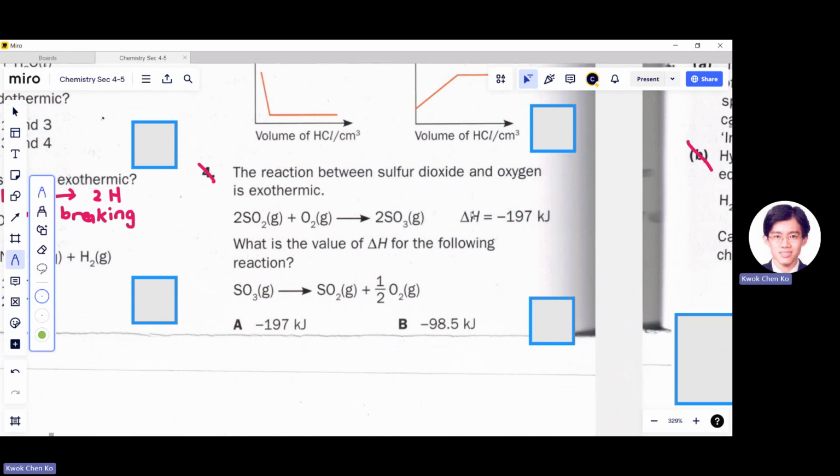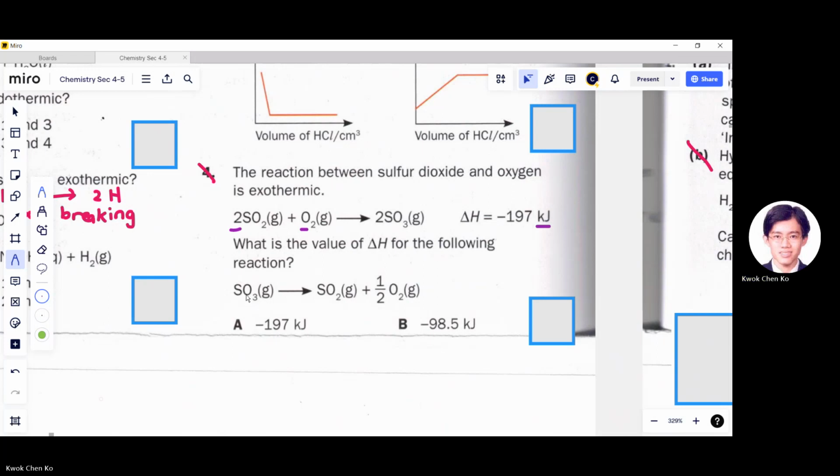Notice there's a unit here, kilojoules. So take note, delta H in kilojoules, exo or endo. Now here I have 2 moles of this reacting with 1 mole of this.